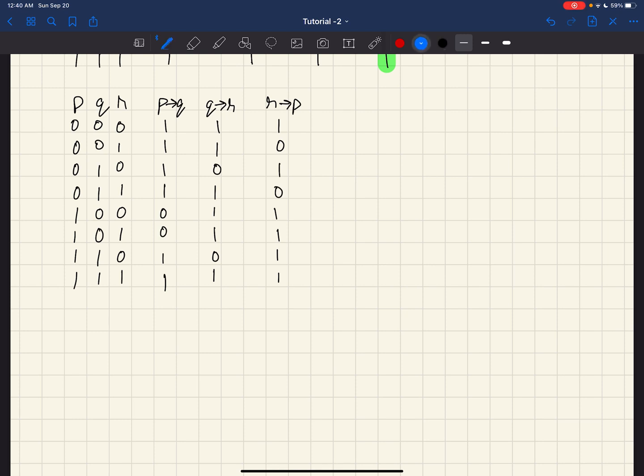Now again we need an AND of these three statements, so the result would be 1 here, 1 here, and the rest would be 0.